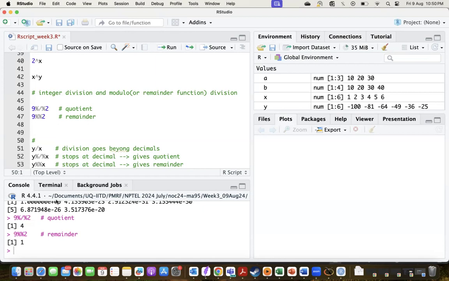So 31 by 7, I get 4 as a quotient and 3 as the remainder. So I can say a month of 31 days, let's say August, has 4 weeks plus 3 days, right? So statements like this are where you might use such quotient and remainder calculations.